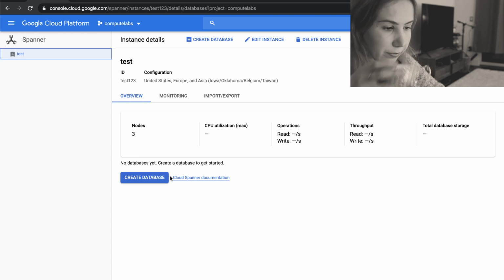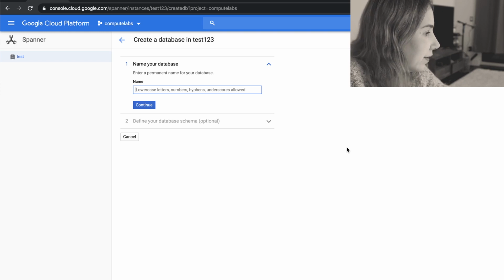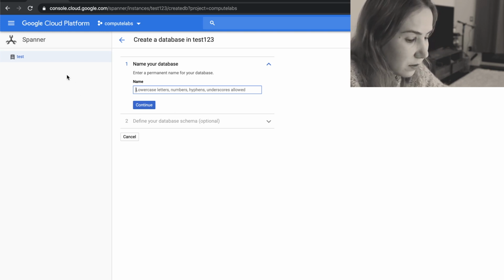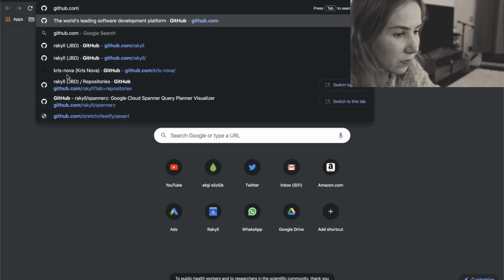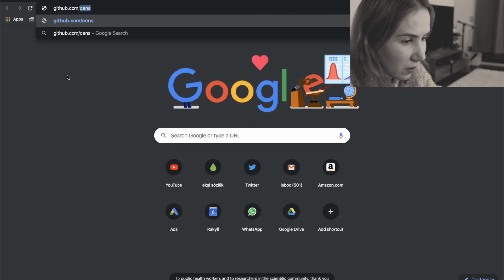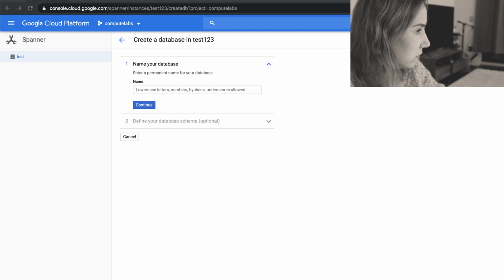And then you can create a database, either using this, or you can just run the DML queries and the schema queries. There's also a Git repo.